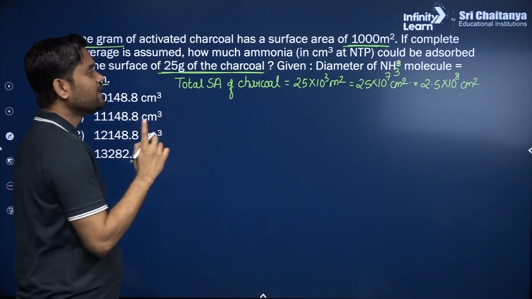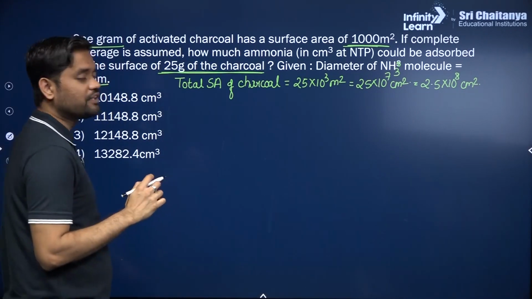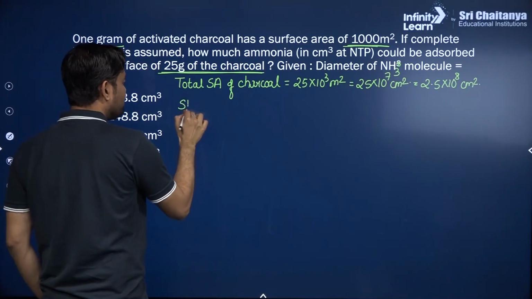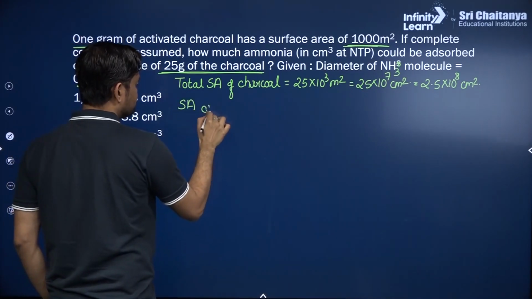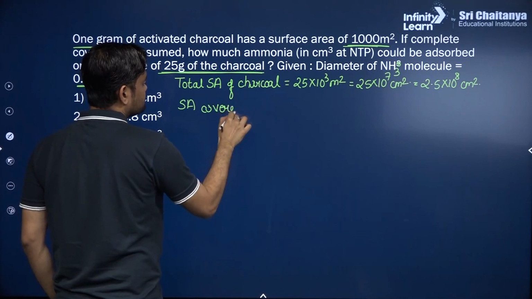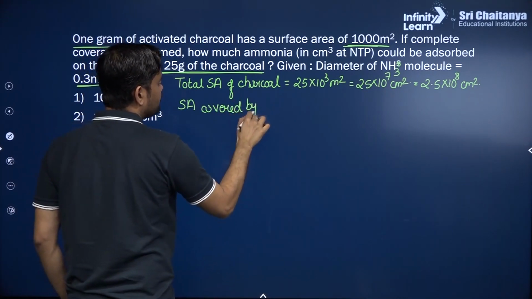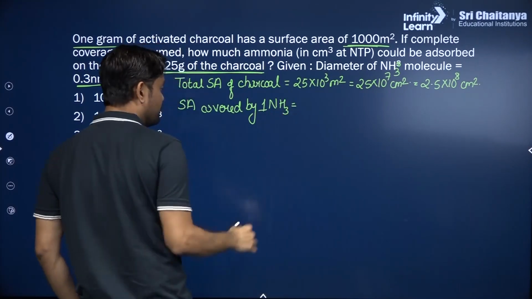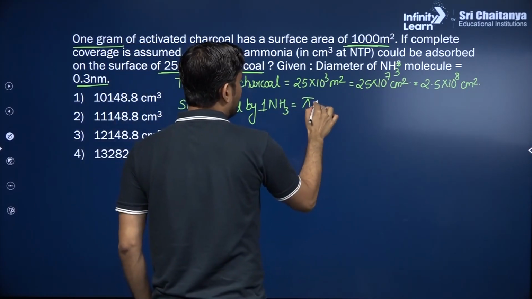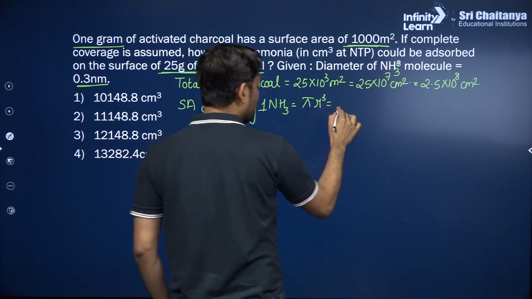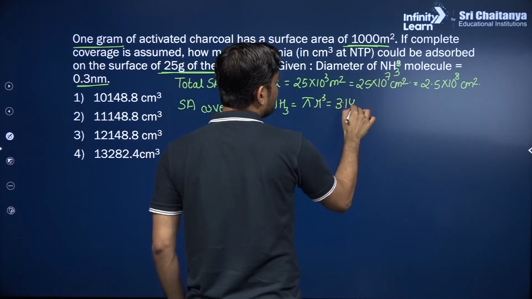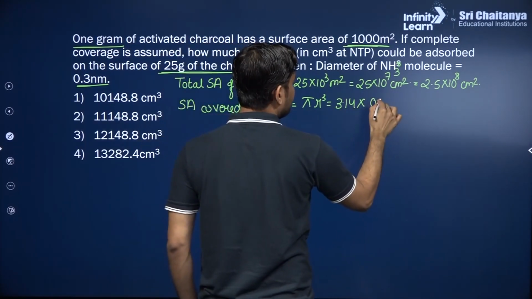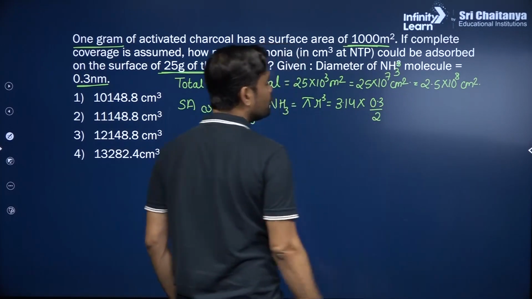Second, the surface area covered. The next thing we need is the surface area covered by 1 molecule of ammonia. So the surface area covered by 1 ammonia molecule will be equal to pi r square, where pi is 3.14 into the radius. The diameter is given as 0.3, so I can take 0.3 by 2.